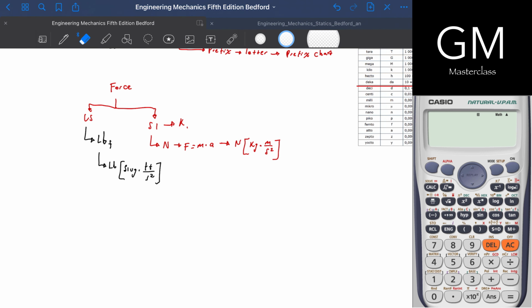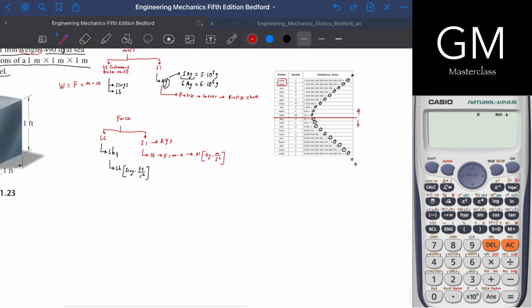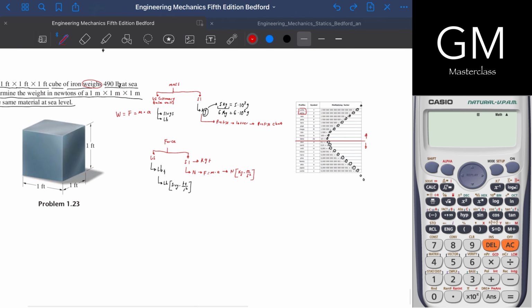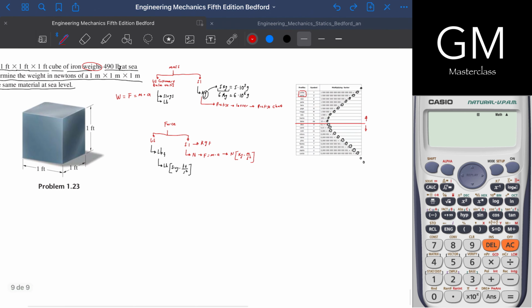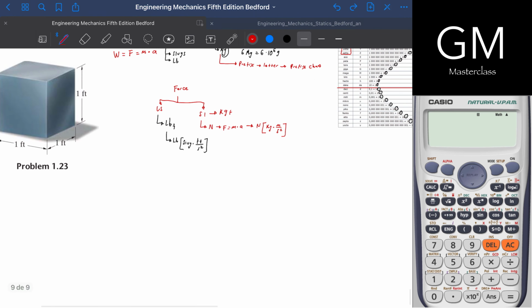But it is important for you to understand that there is also a unit which is equivalent to a force pound. All right. So now that I've made that clear, we can continue with our exercise.